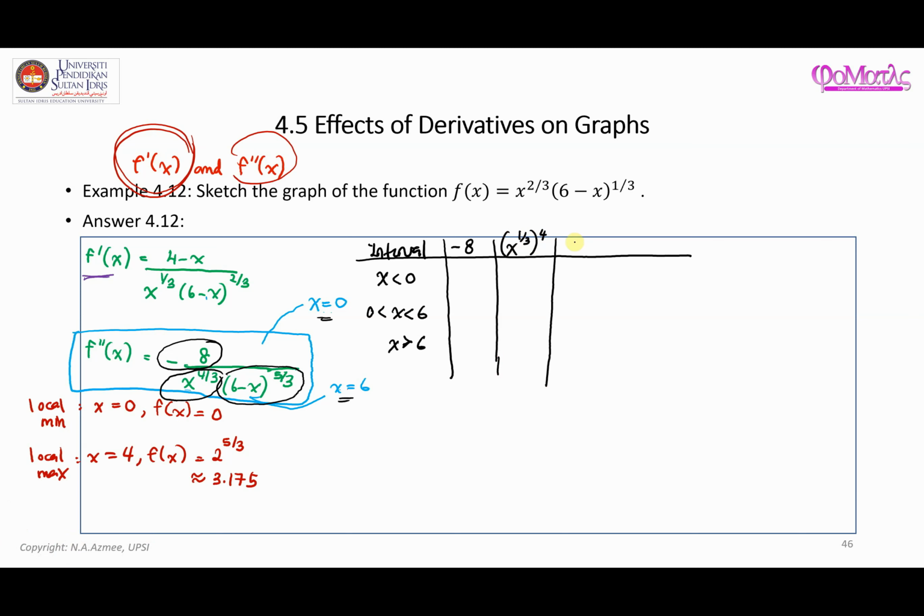And then (6 - x)^(1/3) with power 5 outside. Then we will have the behavior of the second derivative, and based on that, we can see whether the graph is concave upward or downward. So we are talking about the concavity of f(x).